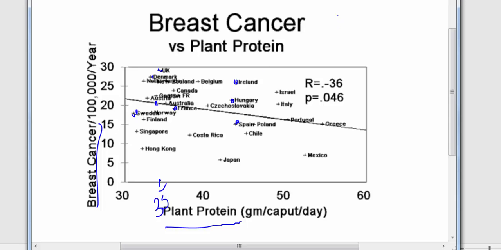So 20, 35. And then let me pick another one. Let's go to 50. When we have 50 grams of plant protein a day, it's around, let's say, 15.